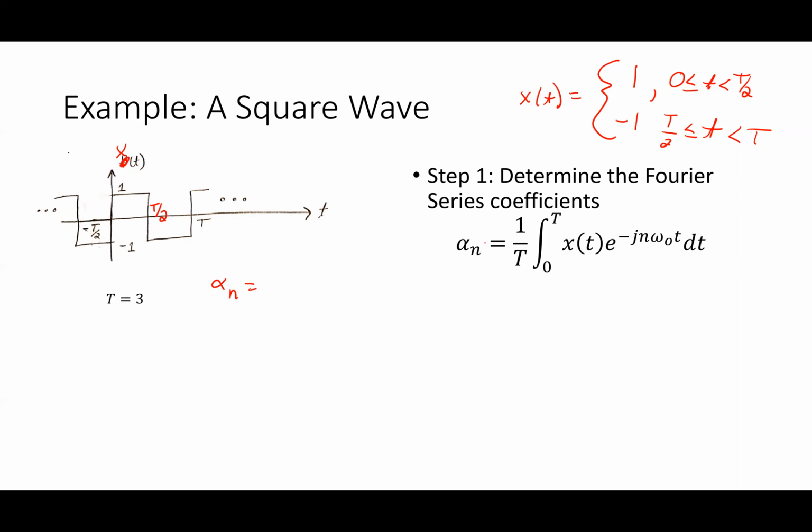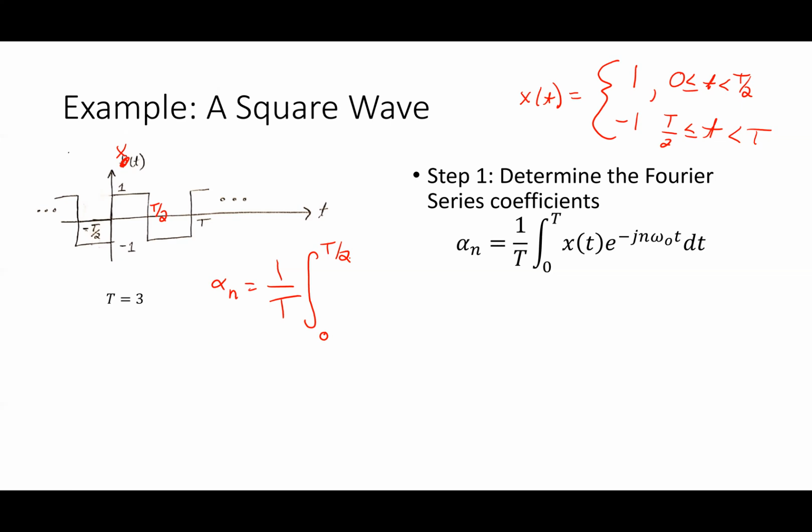So I've got to split that up, right? Because I can't put both of those x of t's under the same integrand. So how do I approach it? Alpha n is 1 over T times what? Integral from 0 to t over 2.